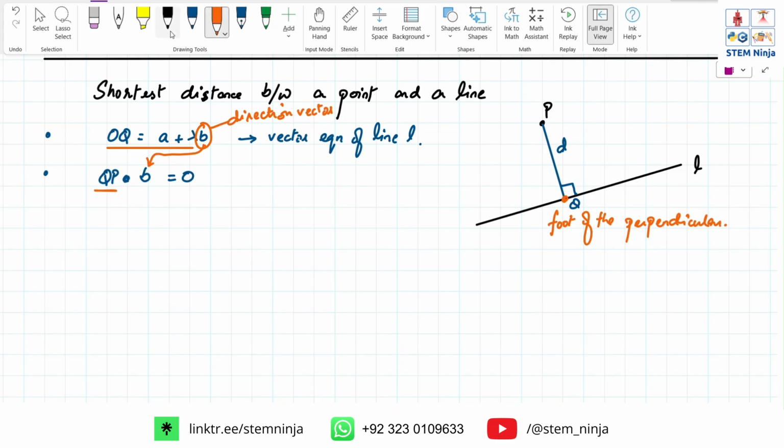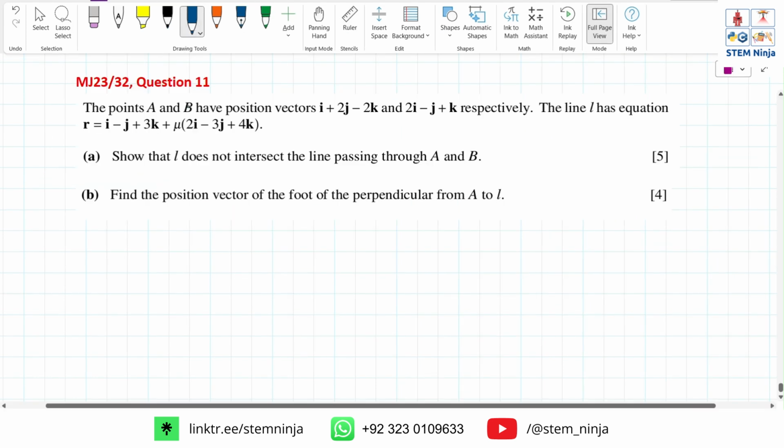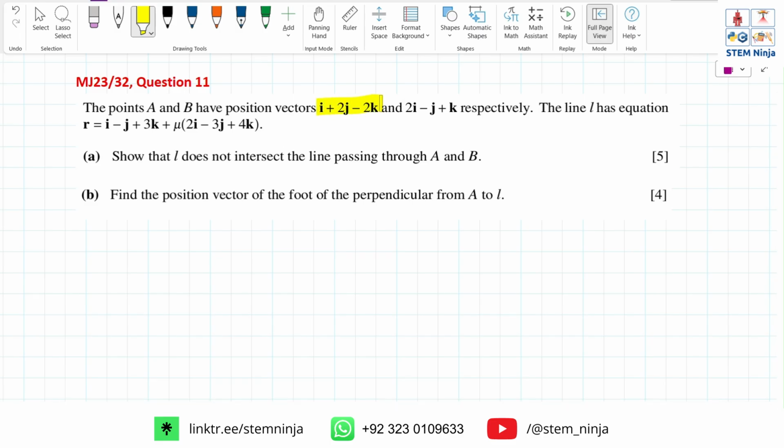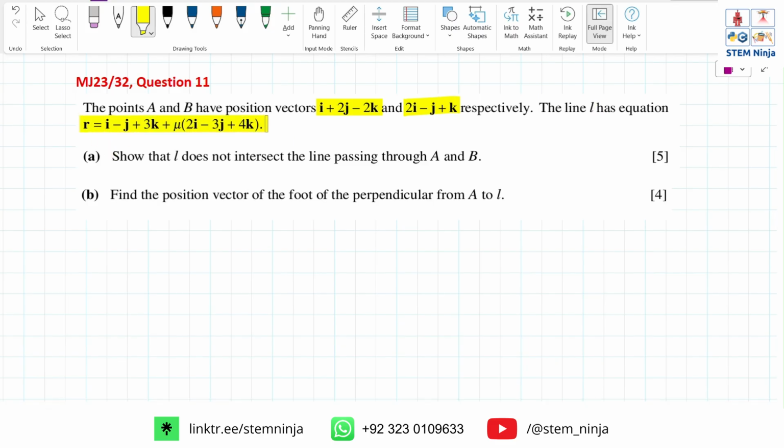Okay, so let's see an example for this. The points A and B have position vectors given, and the line L has this equation.